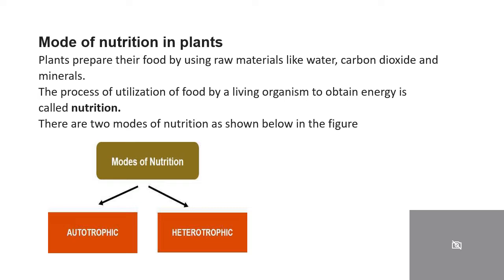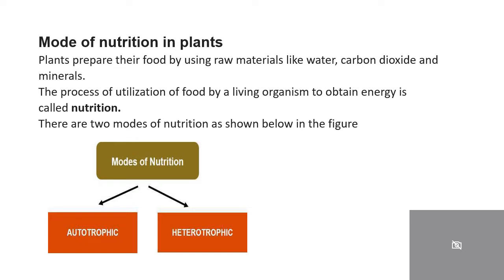Why? To obtain energy, to perform all the life activities. So that is called nutrition. I'll just repeat the definition of nutrition. Nutrition is the process of taking food by an organism and its digestion, absorption and utilization by the body.